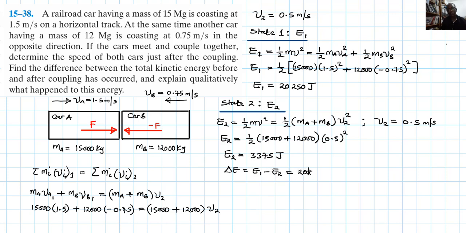So this is 20,250 minus 3,375. It becomes 16,875 joules.